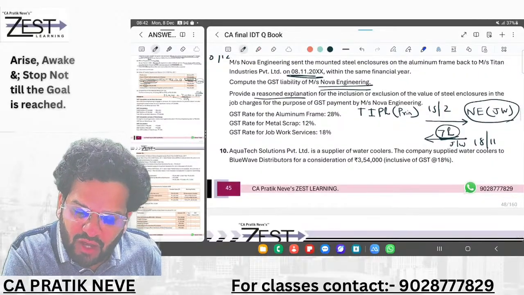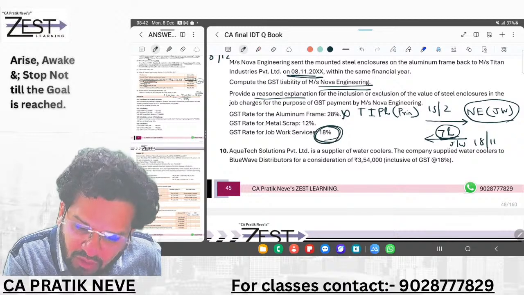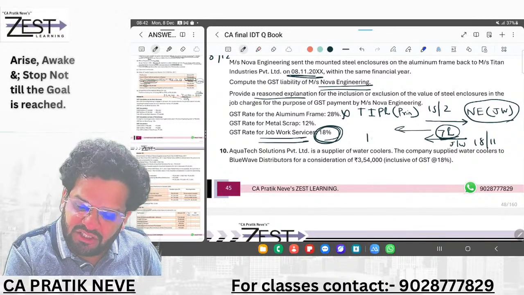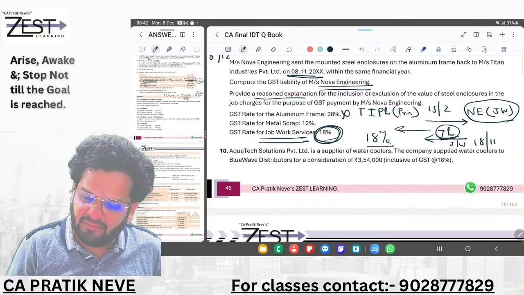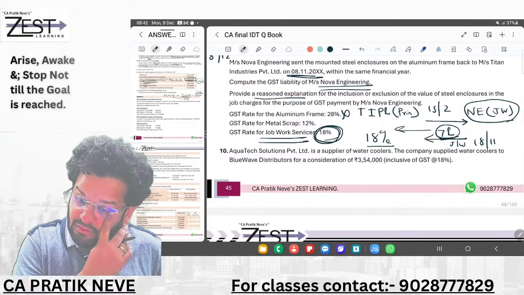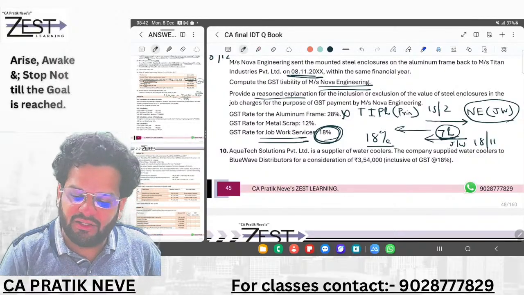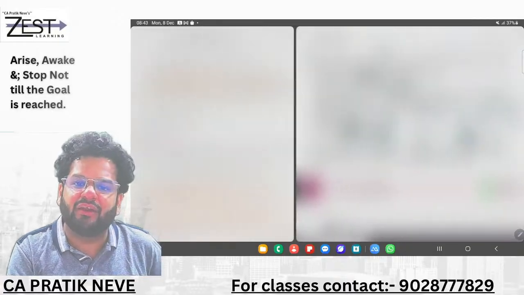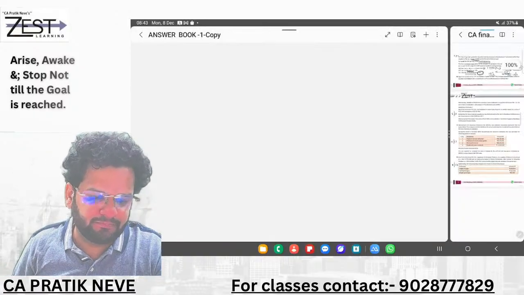Rate of GST for aluminum frame, neglect. For job work, the rate is 18%. So on 7 lakh, the GST will be at 18%. And when Nova Engineering is selling metal scrap, then on that also GST will be applicable.